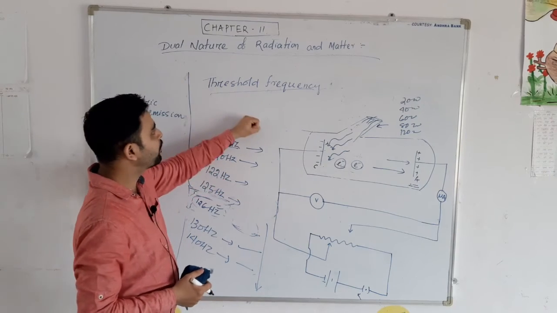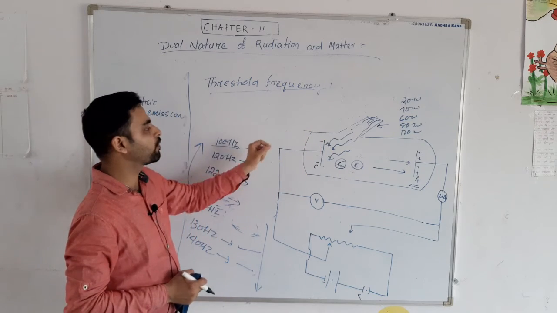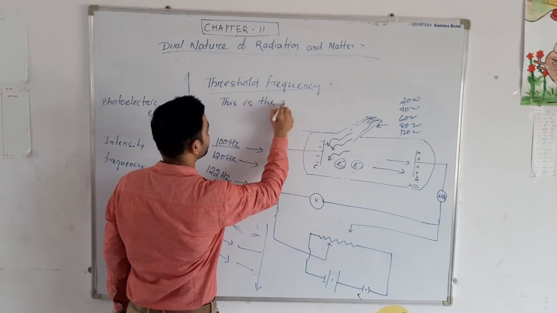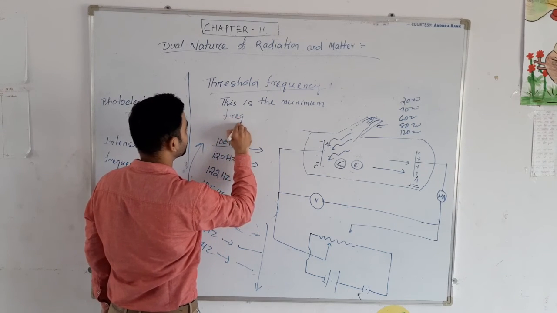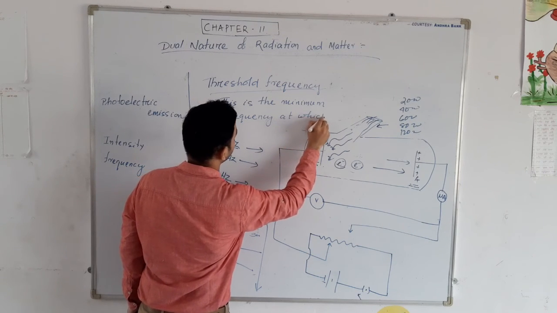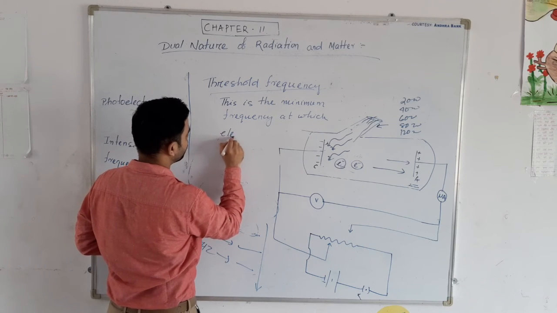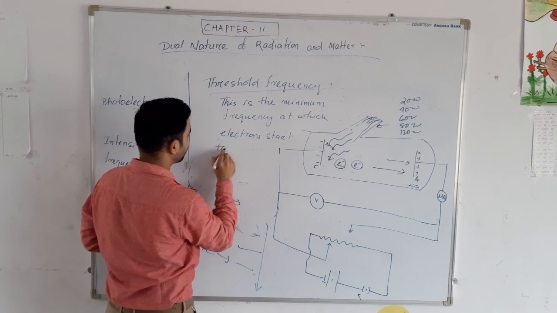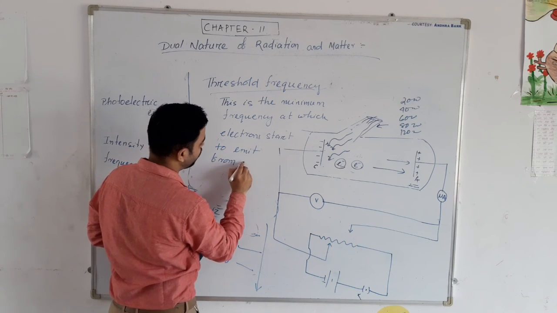This is the minimum frequency at which electrons start to be emitted from plate C, the photosensitive plate.